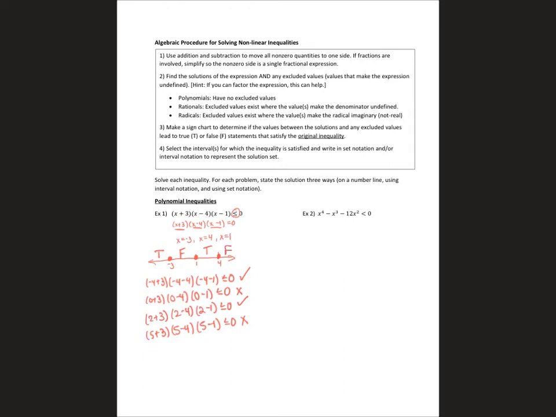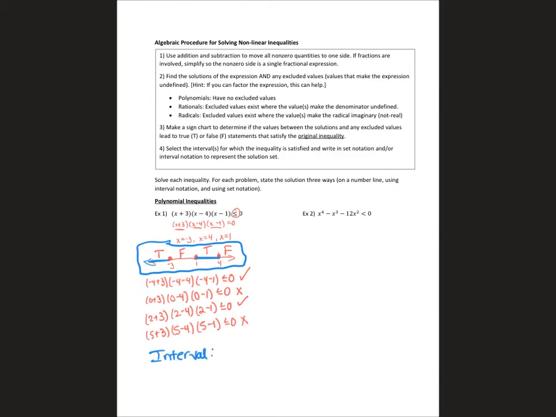So we just established which parts of the intervals on our number line are included in our solution set. We have from negative infinity to negative 3, and then we also have from 1 to 4. So this would be my solution set represented by a number line. Now I need to write it in interval notation.